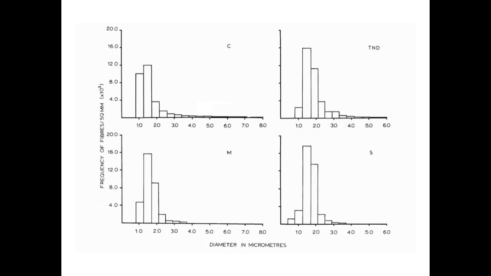Histograms of axon sizes in exposed rabbits, that is, the TND, M and S groups, compared with untreated controls, C, showed a shift to the left towards numerous small diameter axons, even in the non-deformed group.